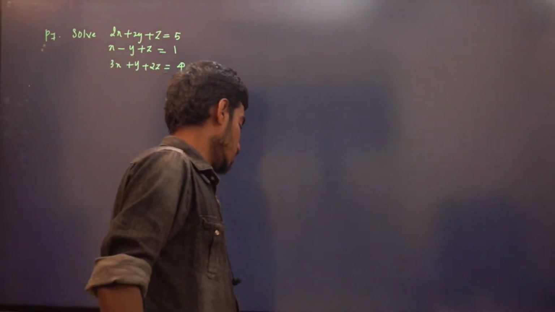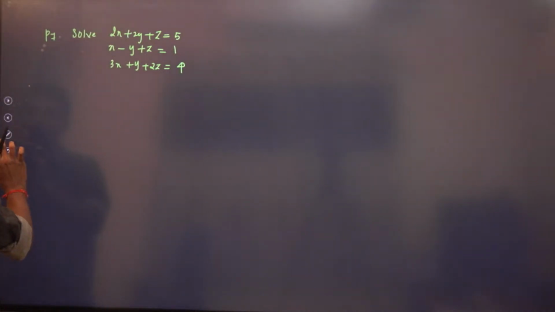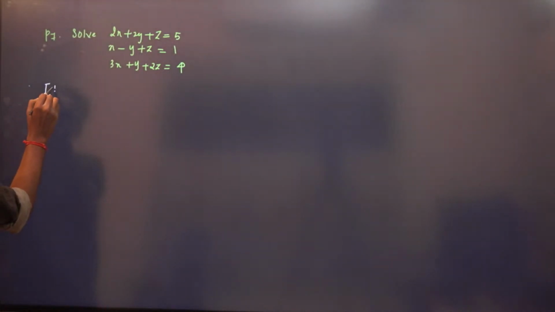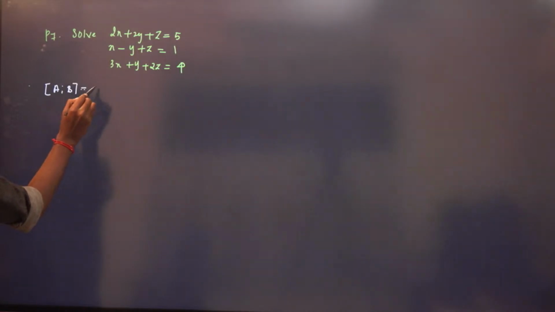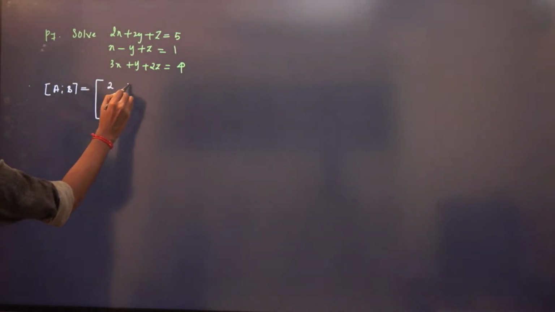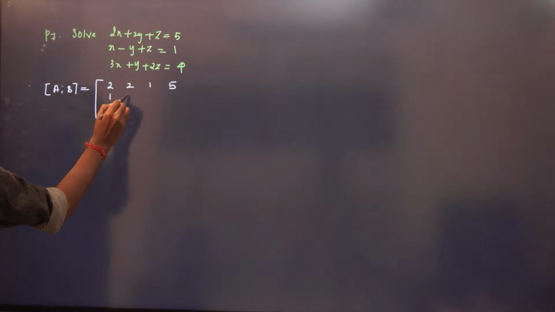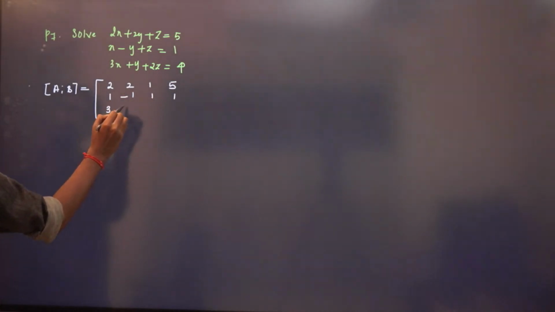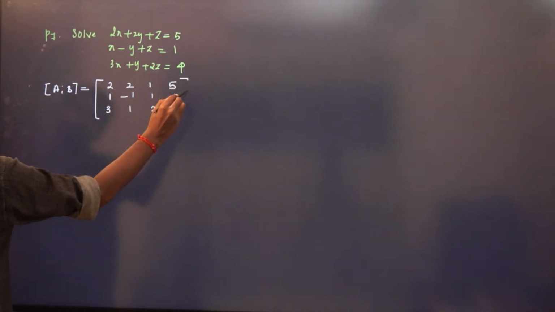So let us write the augmented matrix, form the augmented matrix A comma B. So 2 2 1 5, 1 minus 1 1 1, 3 1 2 4.